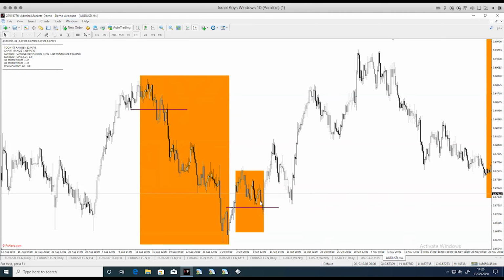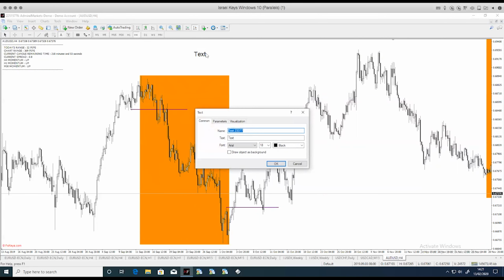Now, sometimes that could be a fake out, and then it comes and makes another lower low and continues going down. In Israel Keys Wealth Academy, we refer to that as an unsubstantiated or an unconfirmed market structure break.